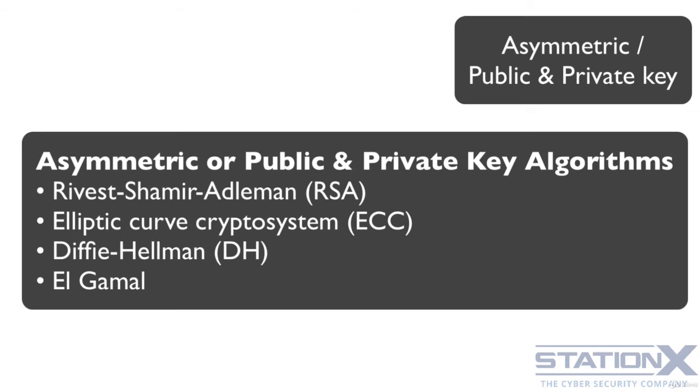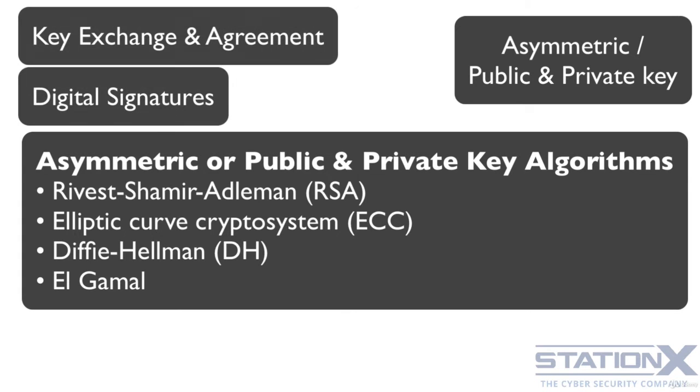Diffie-Hellman is becoming more popular because it has a property called forward secrecy, which we'll discuss later. And then you've got El-Gamal, and the security of this algorithm comes from calculating discrete algorithms in a finite field as well.